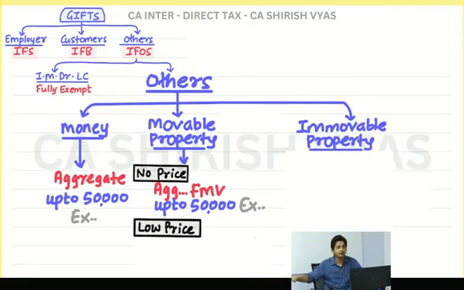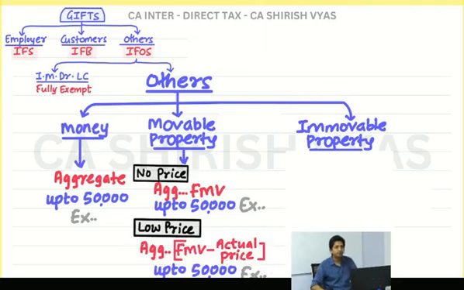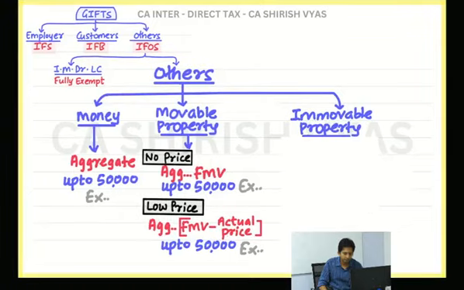Aggregate the FMV. For example, 2-3 people give me free gold. Just add up all the market value, and if it is up to 50,000, then exempt. But now, if it is low price, see what I have done. Can you see? Wait. Can you see what I have written?